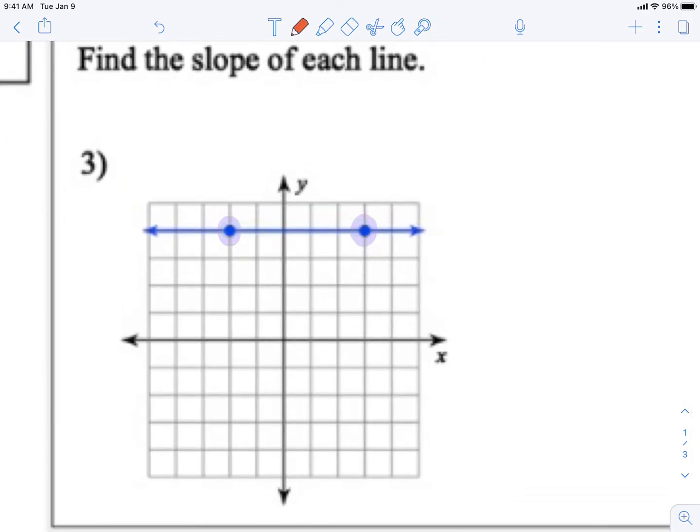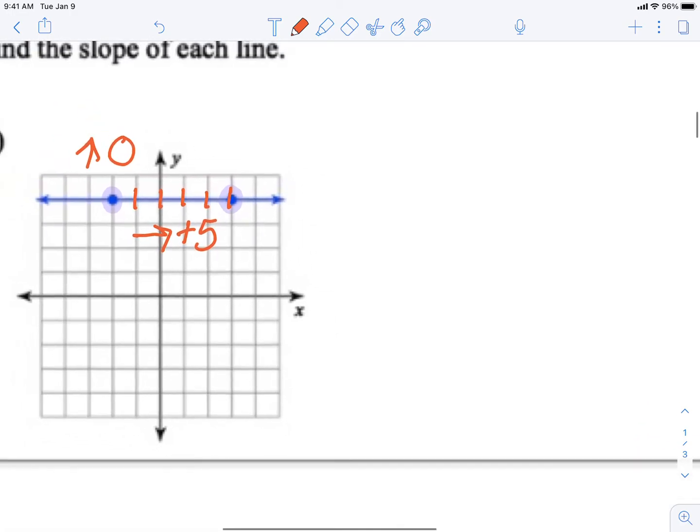How many times do I have to go up, guys? What do you think? I don't have to go up at all. Look, it's right across. So I went up 0. But I go to the right 1, 2, 3, 4, 5. I went to the right positive 5.